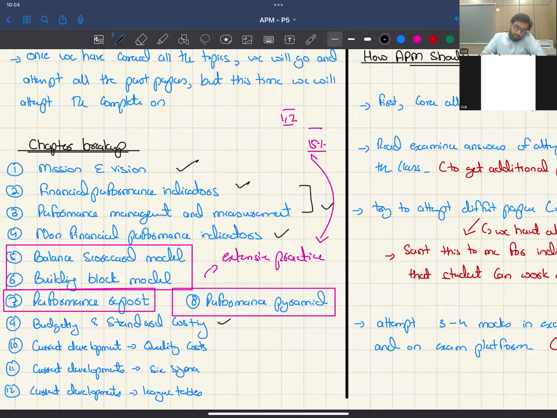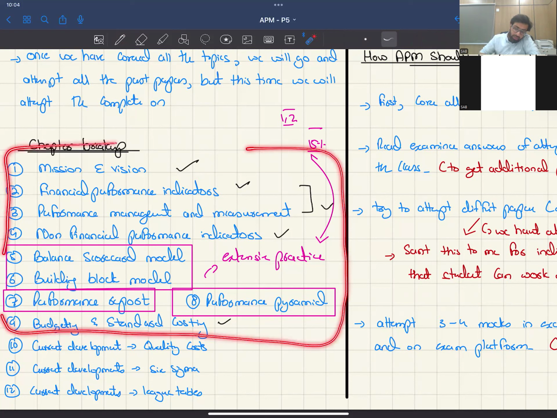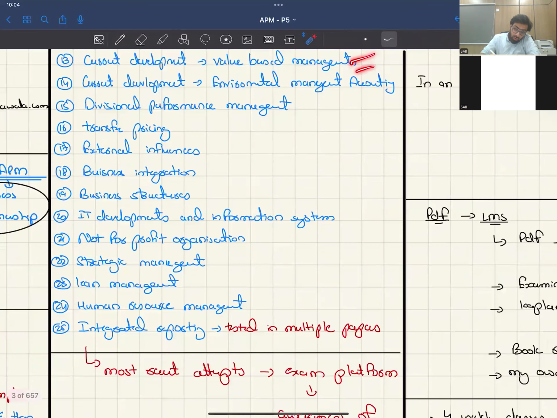Now, if I give you an idea of how much syllabus is left, I'll say it's approx 40%. Would you agree with that? See, the maximum of the paper tests these things, right? Now these other things are tested, but not in a major proportion, like transfer pricing or external influences, business integration, business structures.